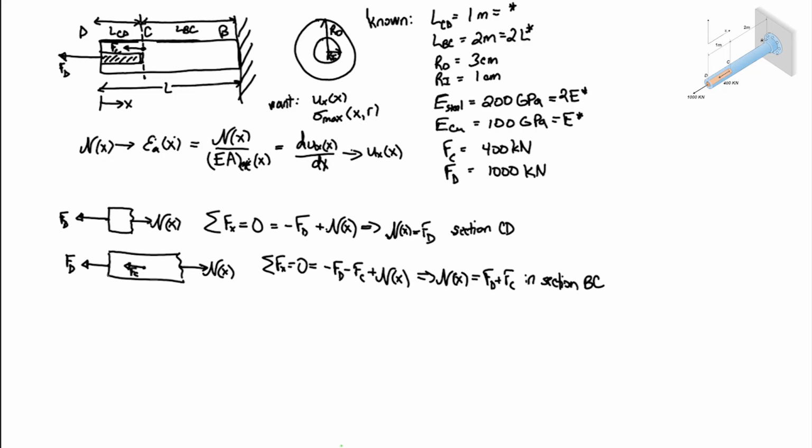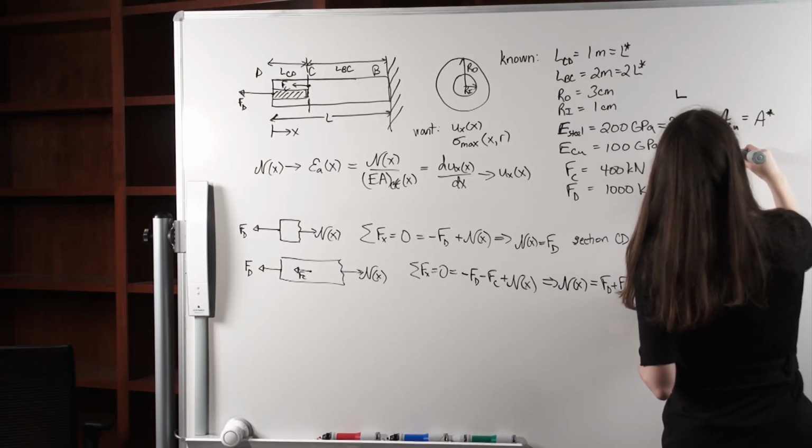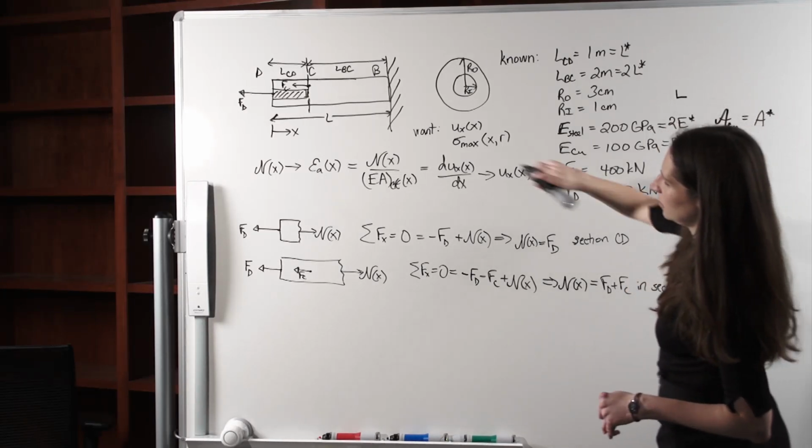Okay, and then we can do the same with our areas. We get that the area of the copper is equal to A star. And we have the area of steel, which is going to be different in BC.